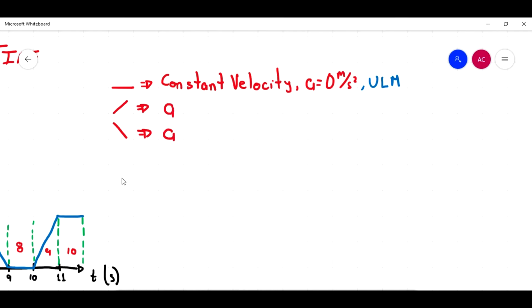If it goes up, the acceleration will be positive. If it goes down, the acceleration will be negative. Because there is a change in velocity, we're going to have acceleration, and this motion is called uniformly accelerated linear motion.